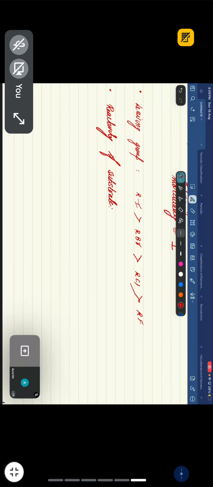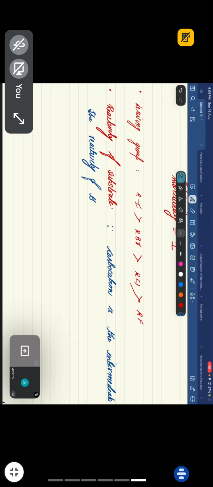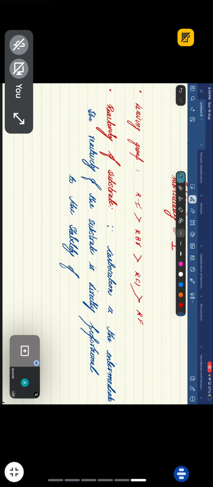Now write down, in essence, since carbocation is the intermediate, the reactivity of the substrate is directly proportional to the stability of the carbocation.